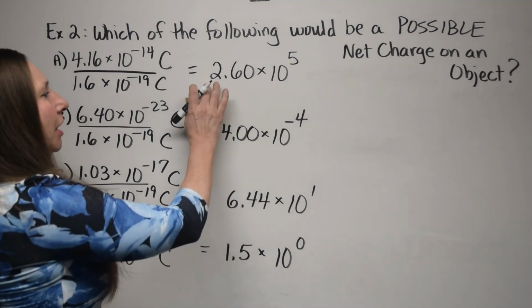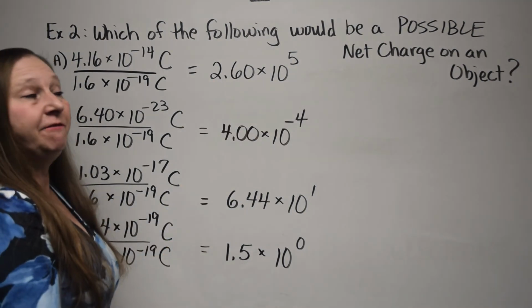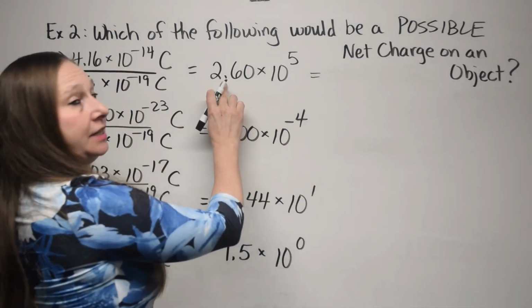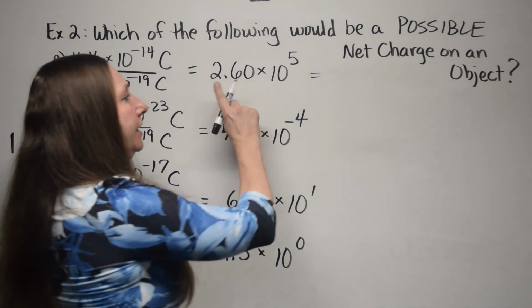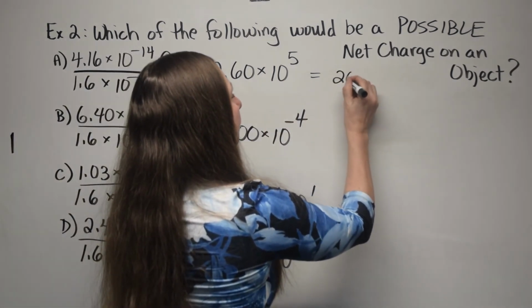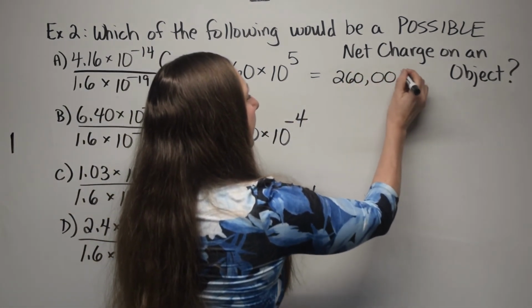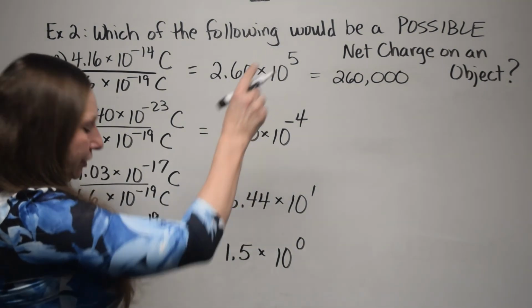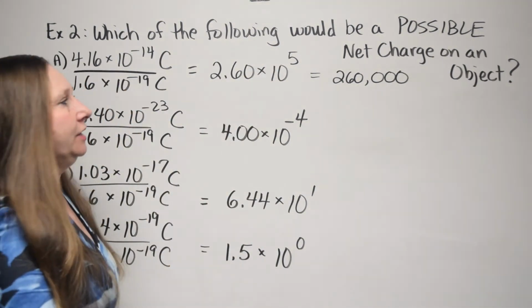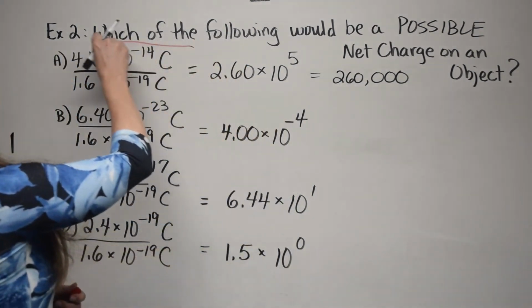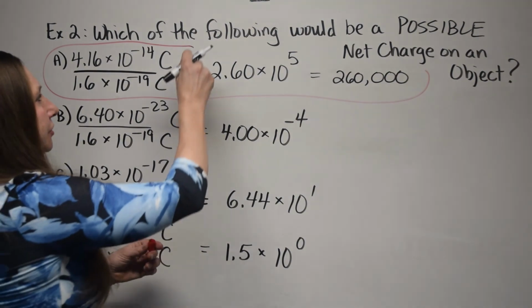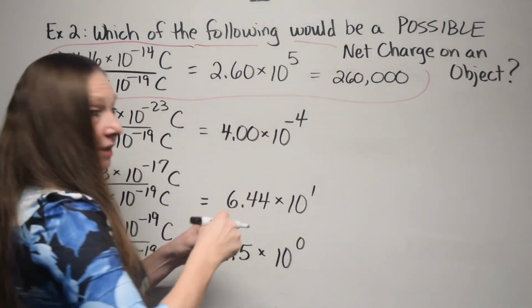But keeping in mind that 2.6 times 10 to the 5th is actually the number, you're going to take this decimal and move it 5 places to the right. This is actually the number 260,000. And, of course, that is absolutely a whole number, and that is possible. So for the moment, I'm going to circle this as the correct answer while I check the rest of the answers. They should all be not possible.